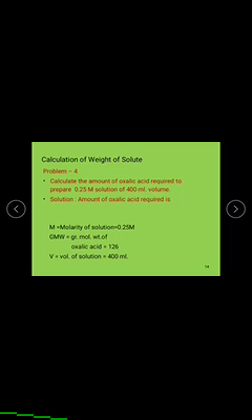Here the weight of oxalic acid is asked, so we use the same formula, W = M × GMW × V in liters.